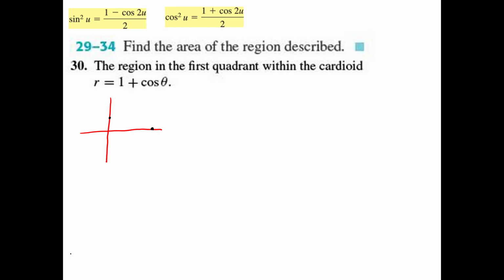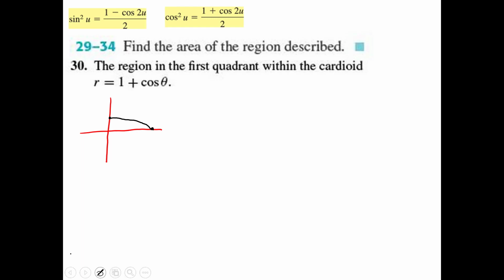From 0 to pi over 2, the curve traced out will connect these two points. Once I get past pi over 2, my r value is still positive, so I'm in the correct quadrant.